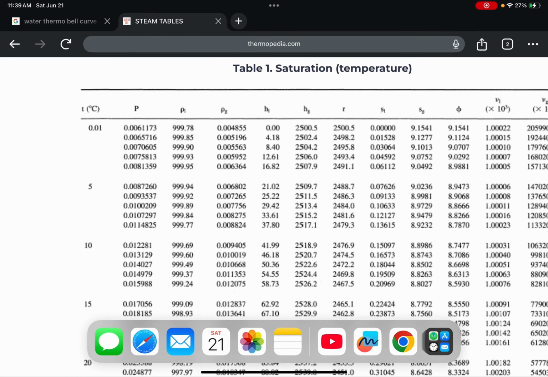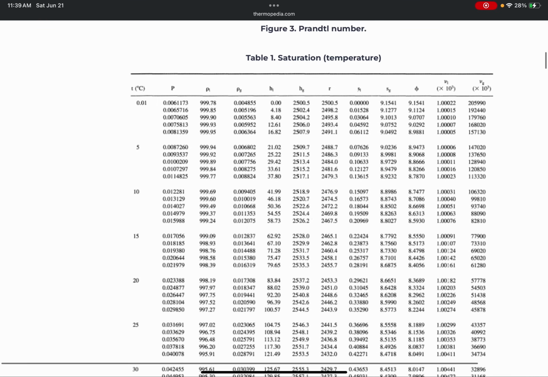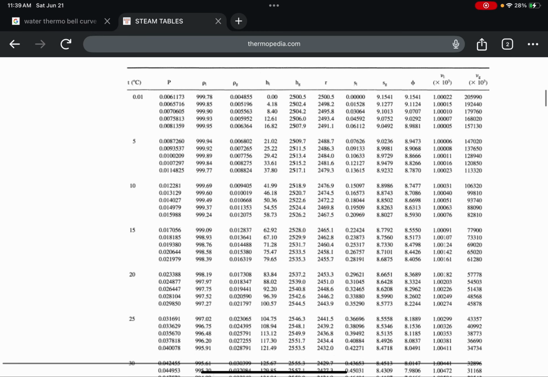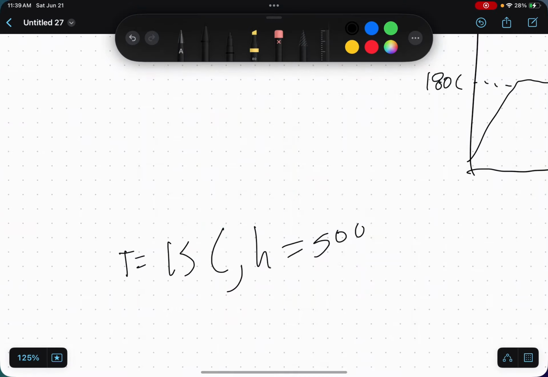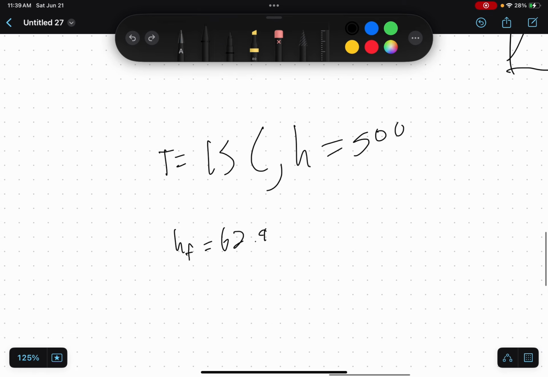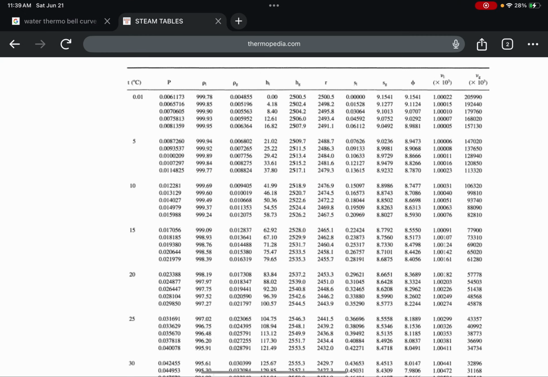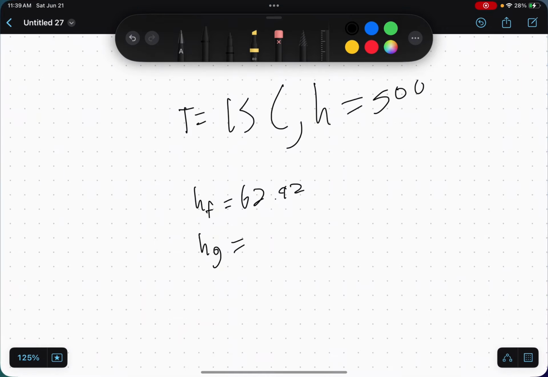All right, so HF, the first one, I know it looks like L, but it's F, is 62.92. And HG is 2528.0.